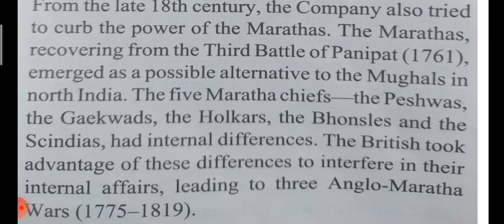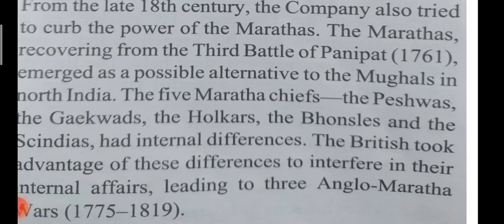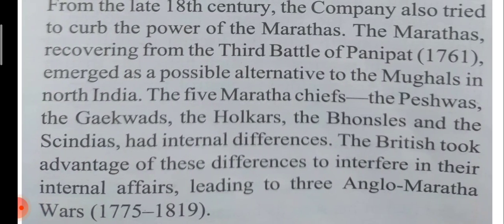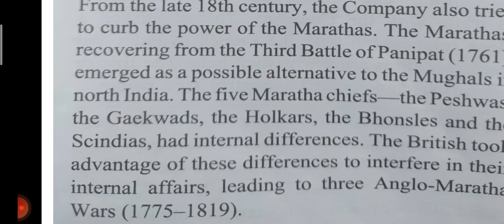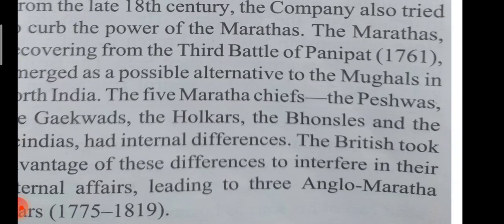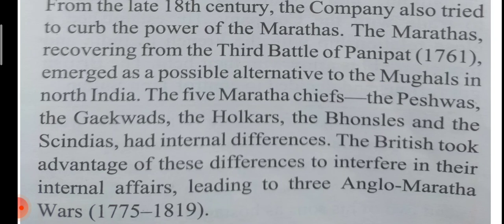The five Maratha chiefs, the Peshwas, Gaikwad, Holkars, Bhosle, and the Sindhias, had internal differences. The British took advantage of these differences to interfere in their internal affairs, leading to three Anglo-Maratha wars, 1775-1819.